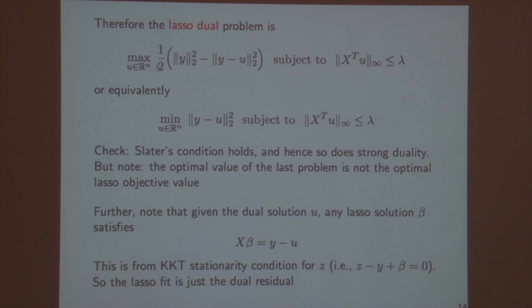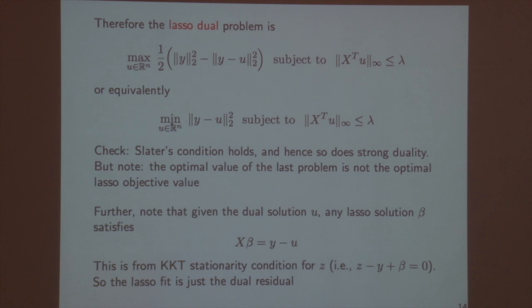Because I've actually transformed the dual. I've done a few things to it. I've gotten rid of this constant term, and I've flipped the sign of its criterion. So it's a mistake people might make: you might think, this is the lasso dual, and then you'll implement something, and you'll check the duality gap by subtracting off the lasso criterion value at beta from the criterion value of this at u. But that's not the real duality gap.